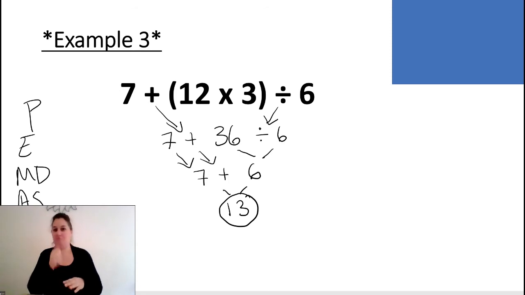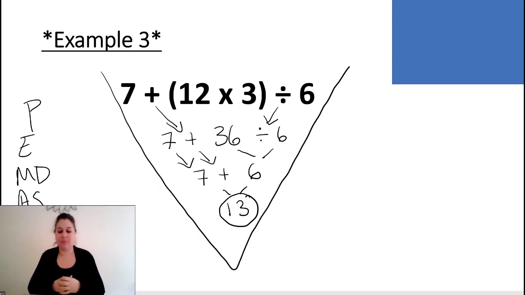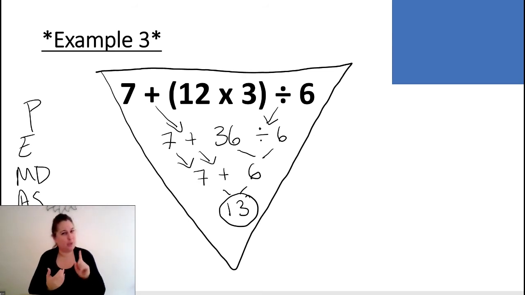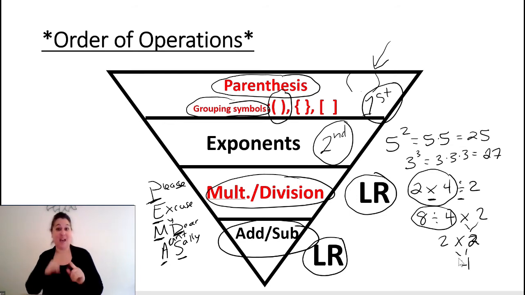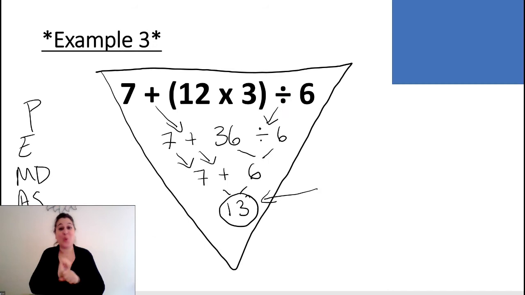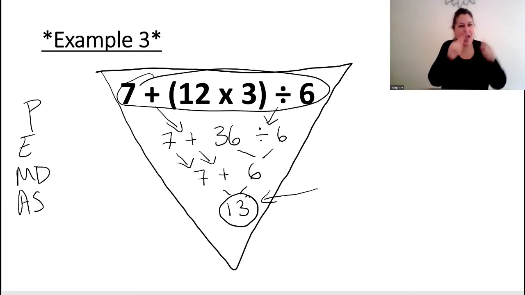At this point, have you noticed that everything simplifies down to one number? Remember the slide where it was an upside down triangle? This is why, because that's exactly how your work should look. It should look like an upside down triangle because it starts off really big, the expression, and you're simplifying it to one number in the very end.